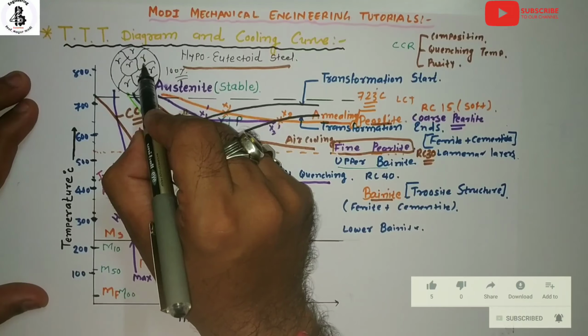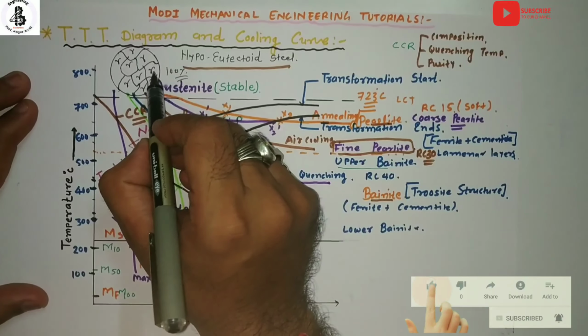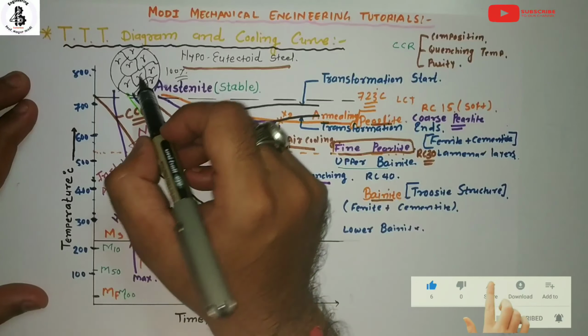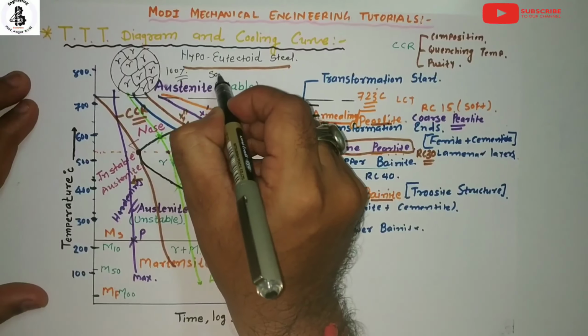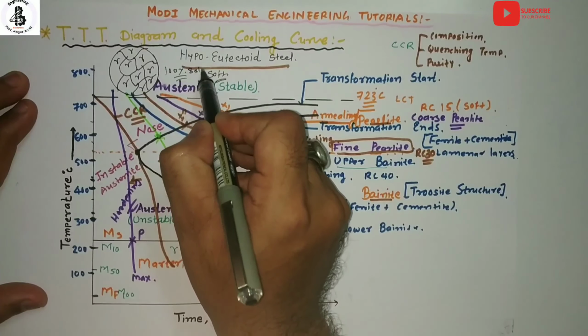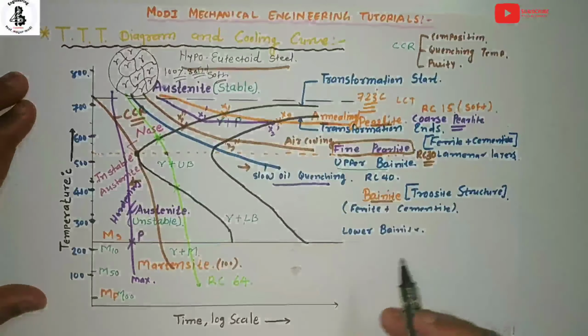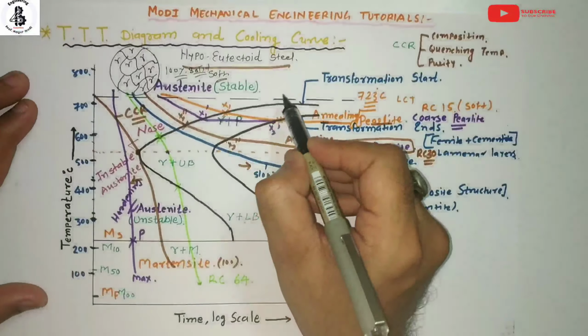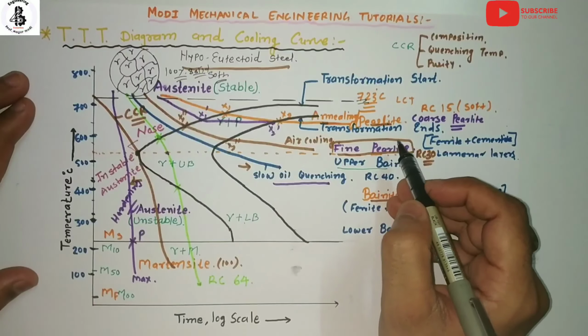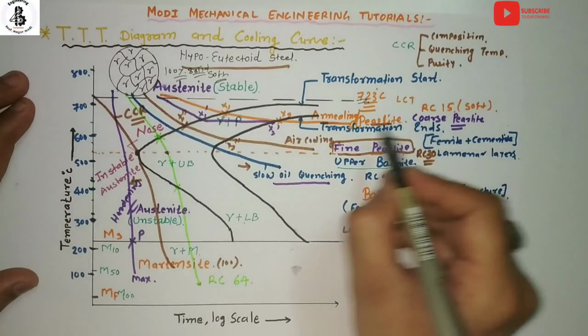That gamma phase is found at this temperature. That is known as stable austenite, which is soft in nature and is a 100% solid phase of the steel above 723 degrees centigrade.